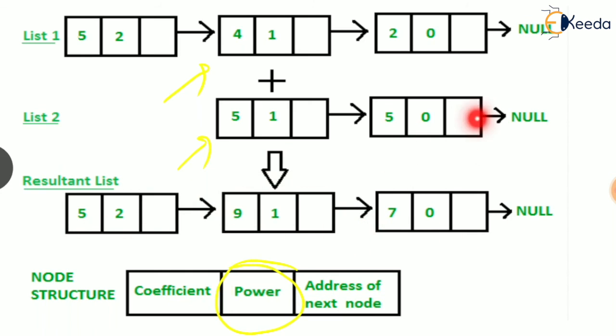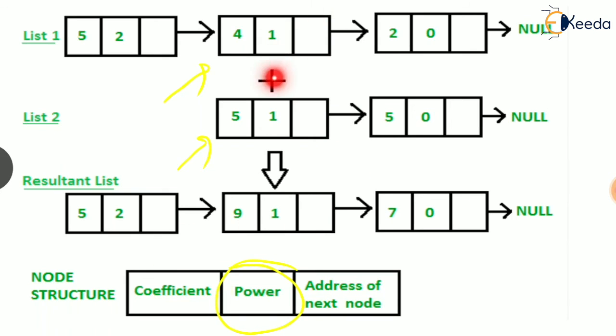I am repeating once again: the power of the list 1 expression term is greater than the power of the list 2 expression term, therefore we can directly add that term into the resultant list. If the power of list 1 is less than the power of list 2, then add the list 2 term directly into the resultant list.